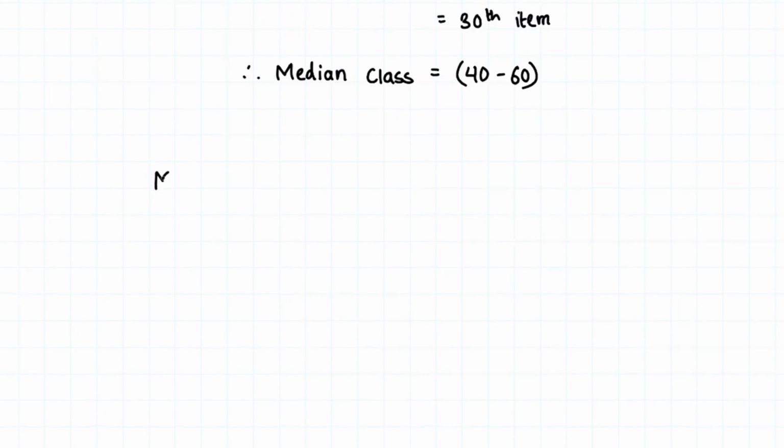Now again, we use the formula of our median, which is equal to L plus (N divided by 2 minus CF) times I divided by F. So here our L is our lower limit of median class, which is 40, right?